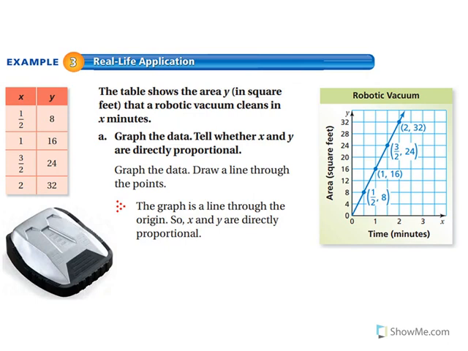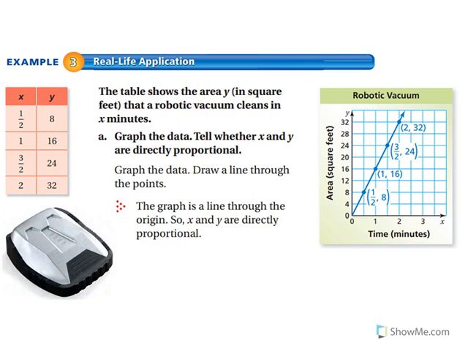The table shows the area y in square feet that a robotic vacuum cleans in x minutes. So we have a table to the left. It shows 1/2 for x, 8 is y, 1 for x, 16 is y, so on and so forth. So it tells us to graph the data and then tell whether x and y are directly proportional. If we plot these points, you can see them over here on the right-hand side with the robotic vacuum.